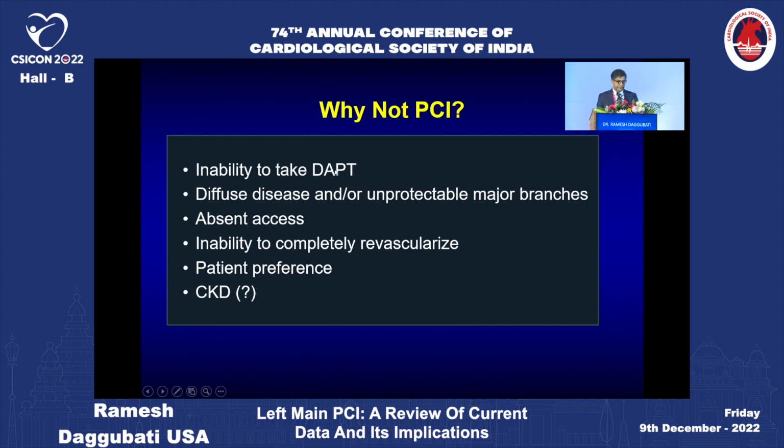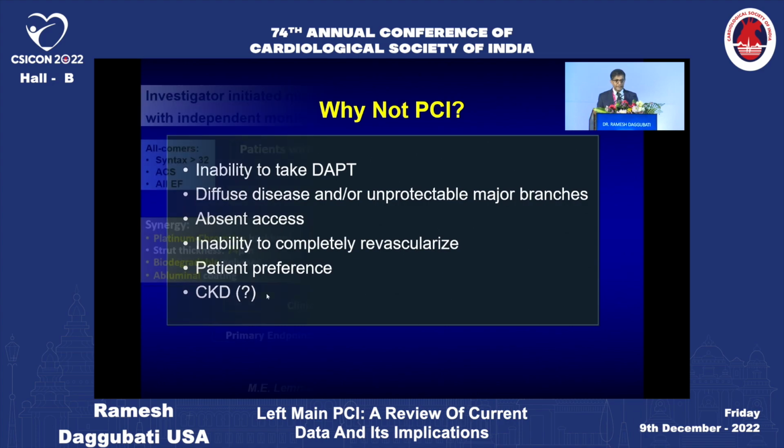PCI is probably not preferred if there is inability to take DAPT, diffuse disease and unprotected major branches, absent access, inability to completely revascularize, and the patient's preference. If they want to go for surgery, we should respect that. And chronic kidney disease, that is probably still a debate.